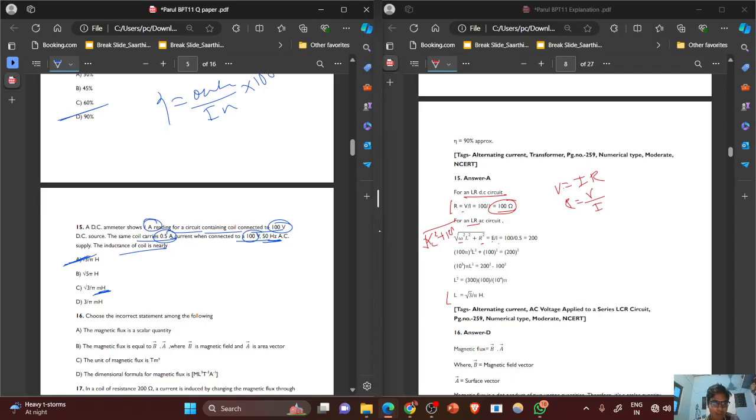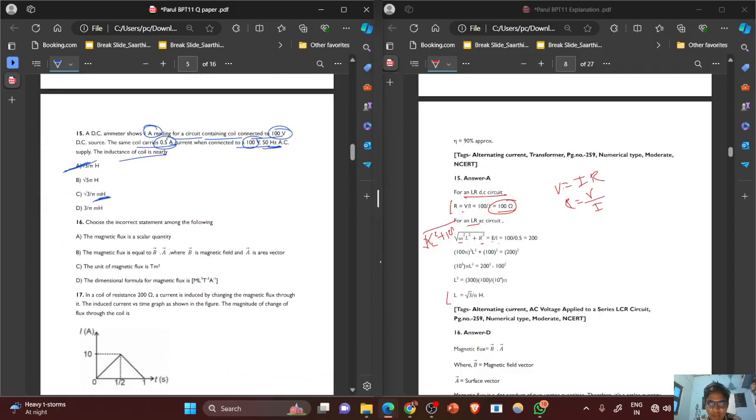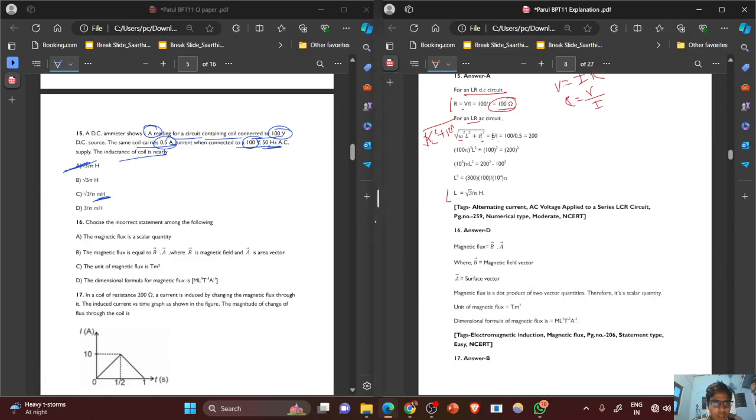Now moving ahead. Choose the incorrect statement. The magnetic flux is a scalar quantity. It is correct. The magnetic flux is given by this, also correct. The unit of magnetic flux is this. The dimension formula of magnetic flux: you can calculate it from B dot A, that is BA.